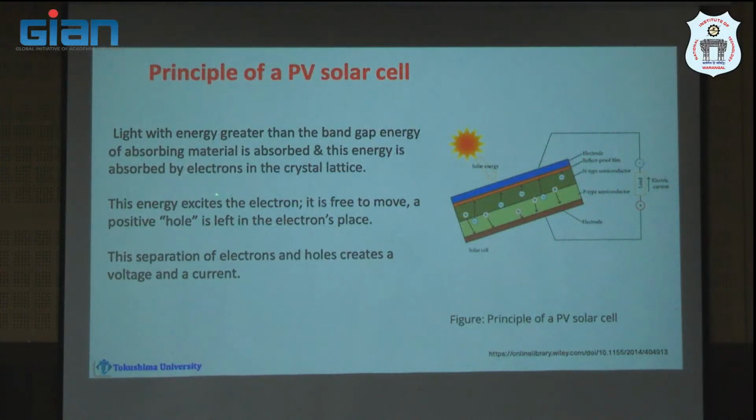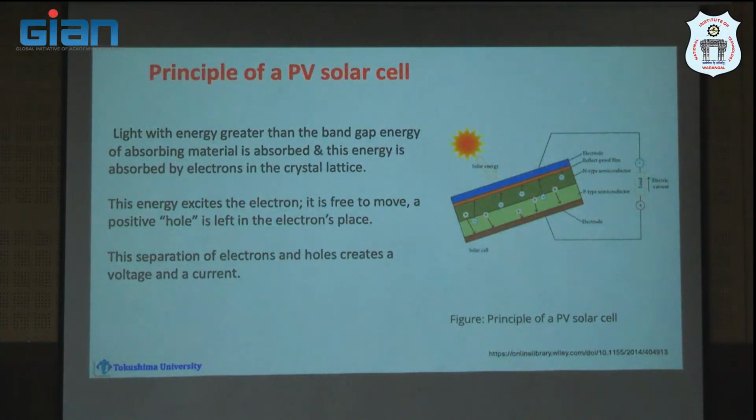This energy is absorbed by whatever solar material is used, for example silicon; that silicon crystal absorbs the energy. The energy excites the electron and it is now free, and a hole is left. Same principle I told you in the morning about photocatalysis.